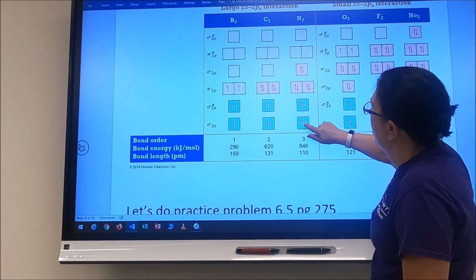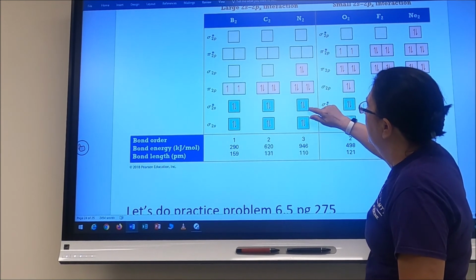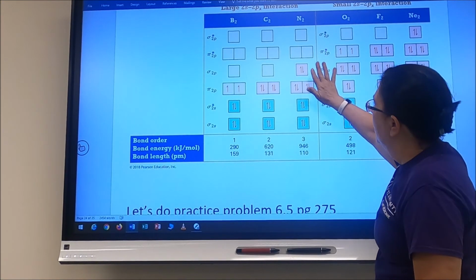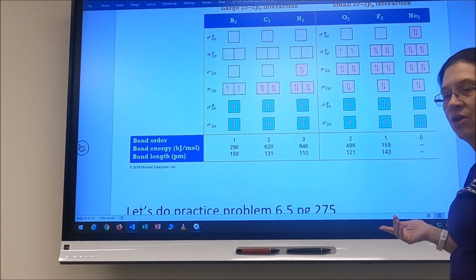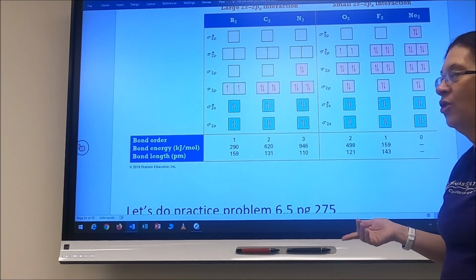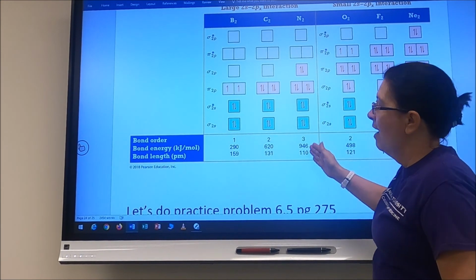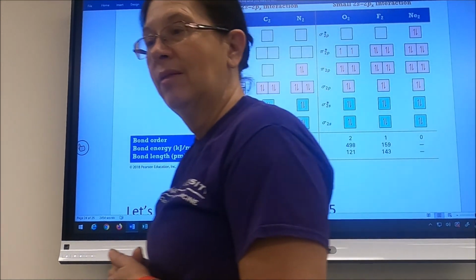So now I have 1, 2, 3, 4, 5, 6, 7 in bonding, 2 in anti-bonding because I took 1 out. So 7 minus 2 is 5. 5 divided by 2 is 2.5. So instead of having a bond order of 3, it now has a bond order of 2.5. It still exists. Okay?